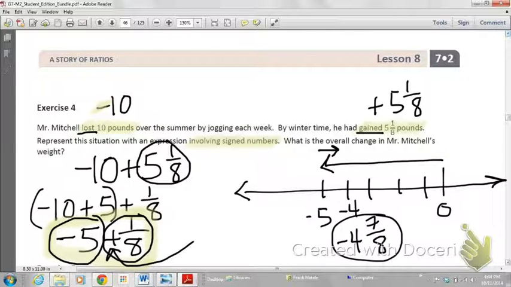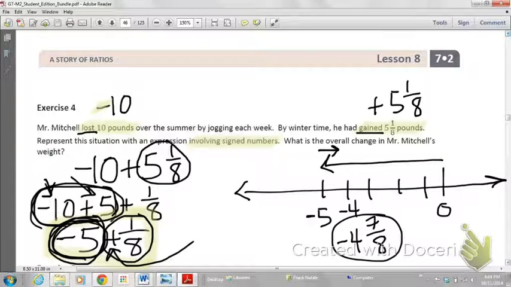I'm adding that 1/8 to this negative number that I've gotten from the summing of these two numbers, one a negative, one a positive. I ended up with a negative because my negative portion was greater than the positive portion.